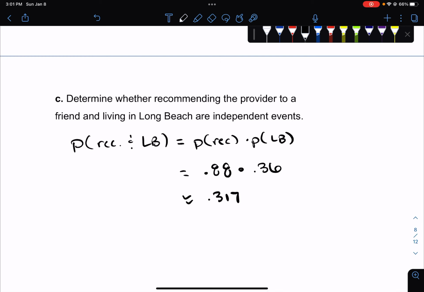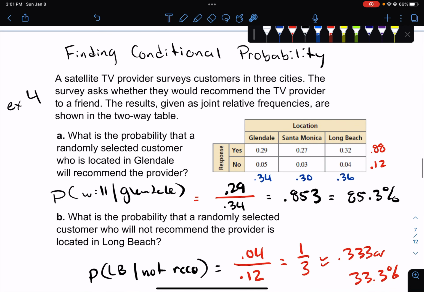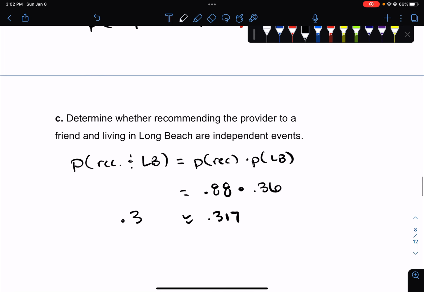All right, now let's look at the probability that someone recommends and lives in Long Beach. That is this group right here, which is 0.32.